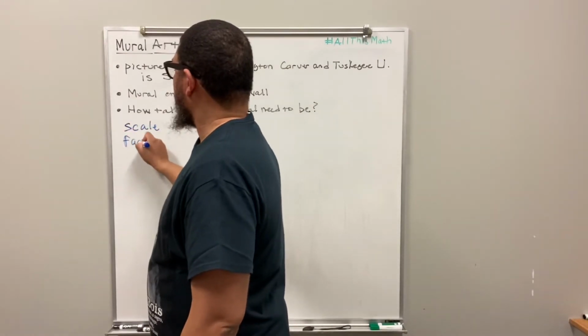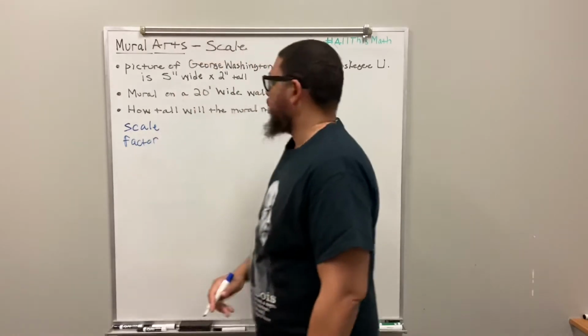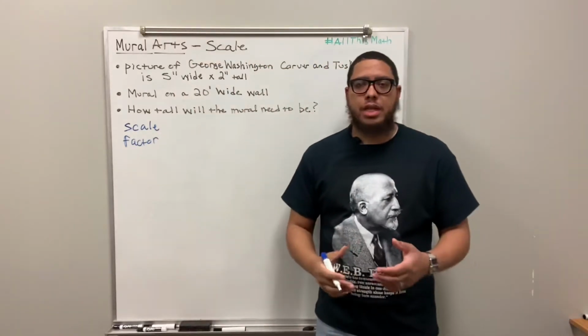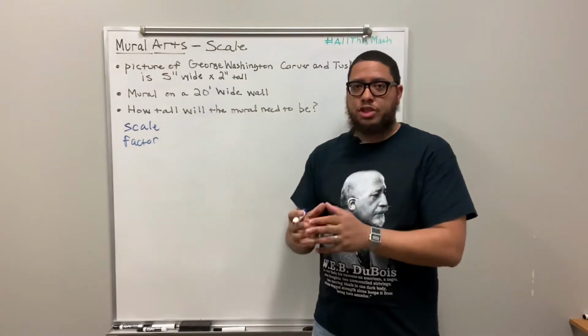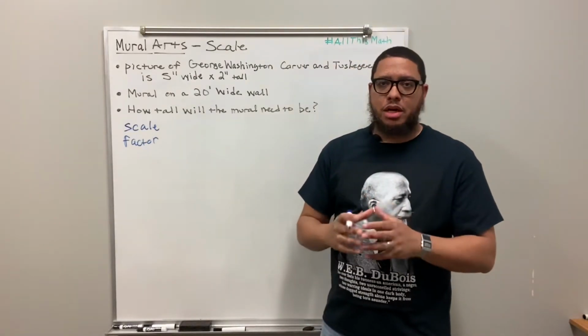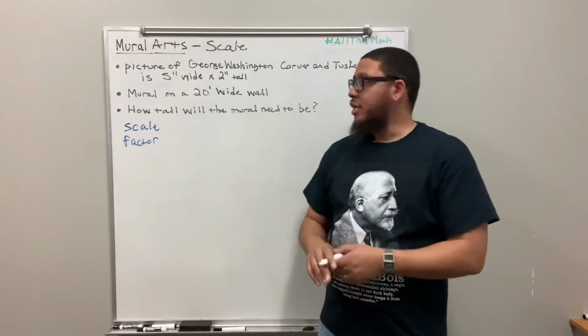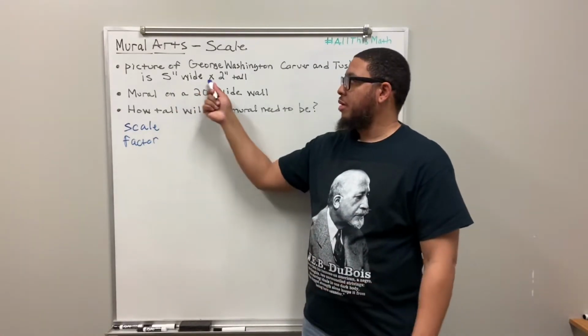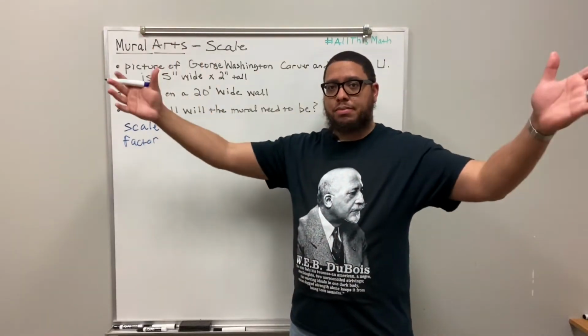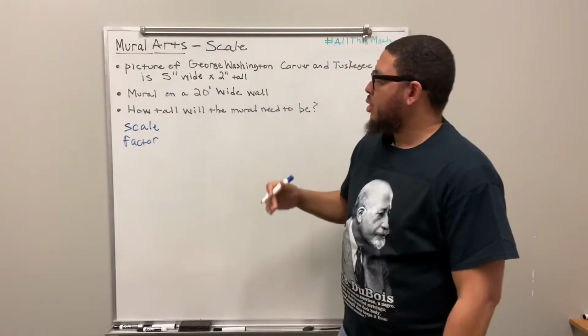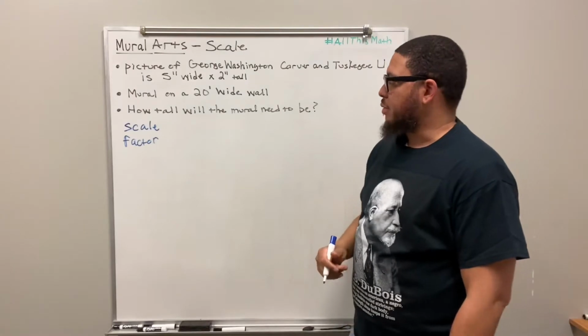The scale factor tells us how the dimensions of the small version relate to the dimensions of the big version. So how do the dimensions of the picture on the paper relate to the dimensions of the actual mural that's going to be painted, right? Now, how do we figure out the scale factor?